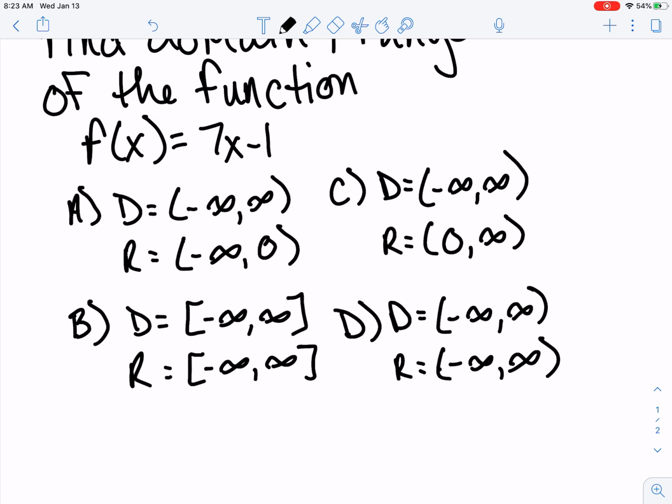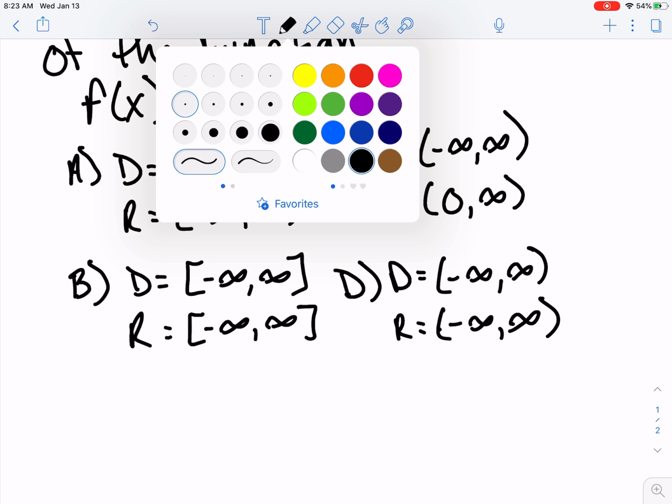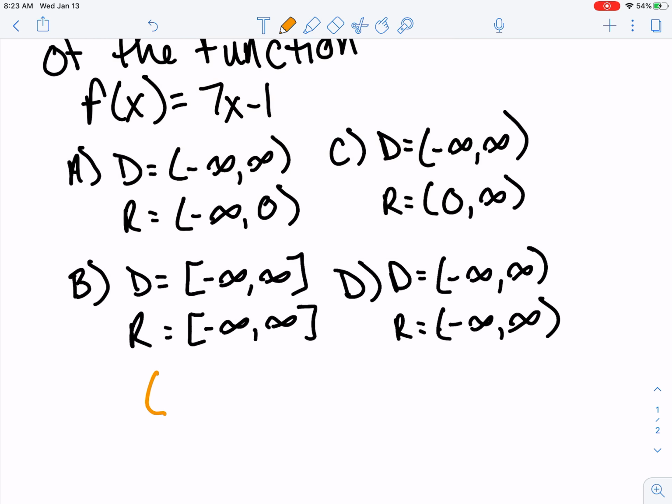So remember, a parenthesis in interval notation means not contained. When I say not contained, it means the number that's beside it is not contained, whereas brackets means is contained.